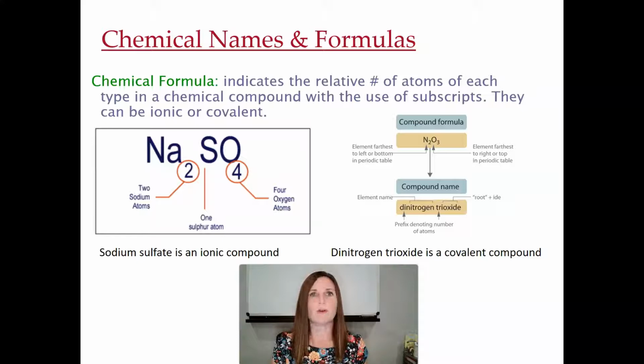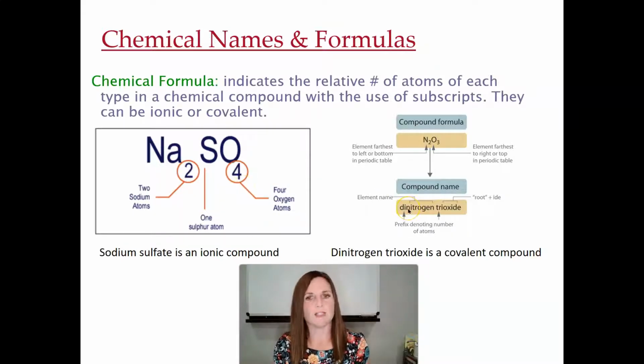Both come with a chemical formula. So here is the chemical formula for sodium sulfate, and it has 2 sodiums here, 2 Na, and it has 1 sulfate polyatomic ion, which we'll learn about polyatomic ions in a little bit, which contains 1 sulfur and 4 oxygens to balance out this charge and to make the ionic compound of sodium sulfate.